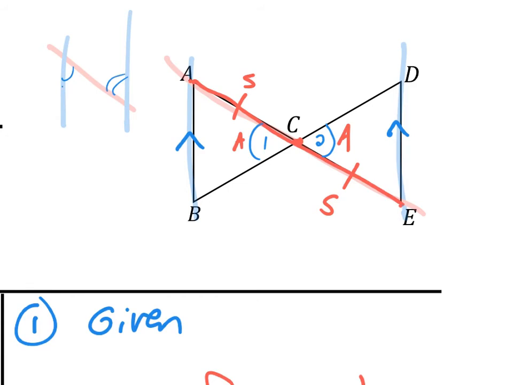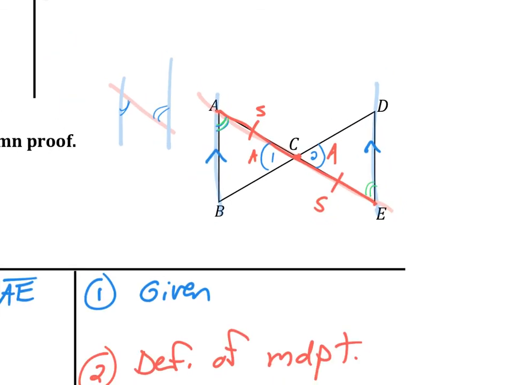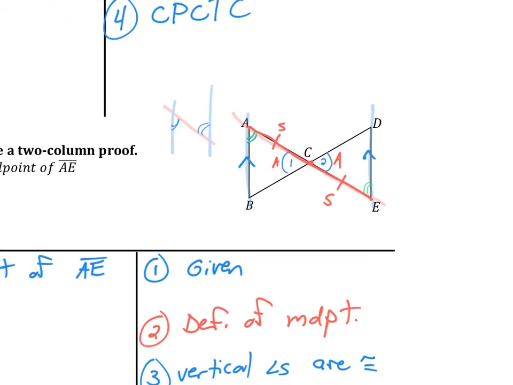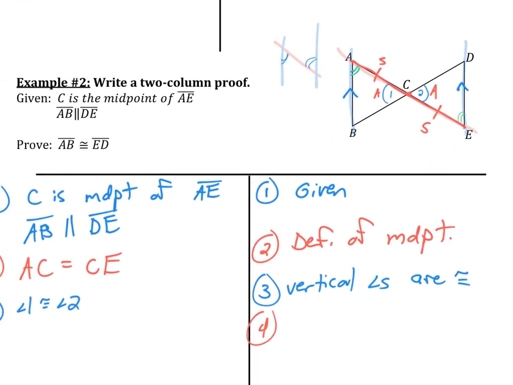What would you call those angles? What special pair? Those would be alternate interior angles. These 2 angles here are alternate interior angles, and they're going to be congruent because the lines are parallel. This goes back to chapter 3. Since the lines are parallel, we know the alternate interior angles are congruent.